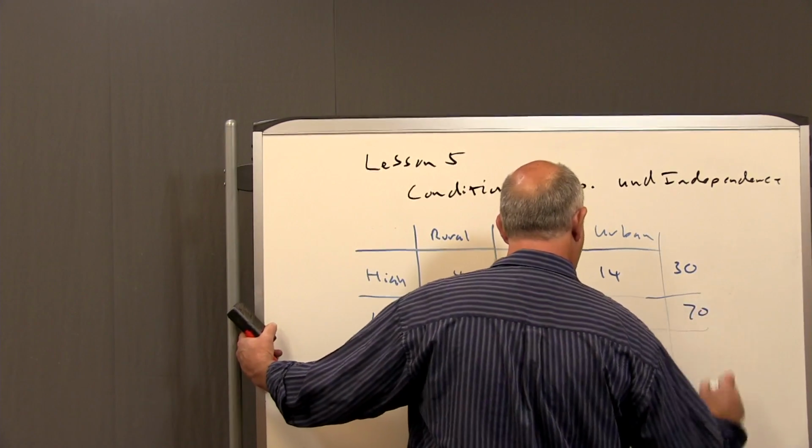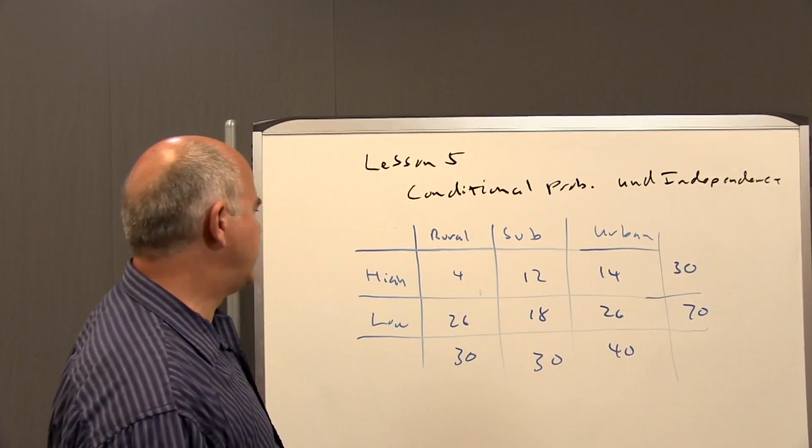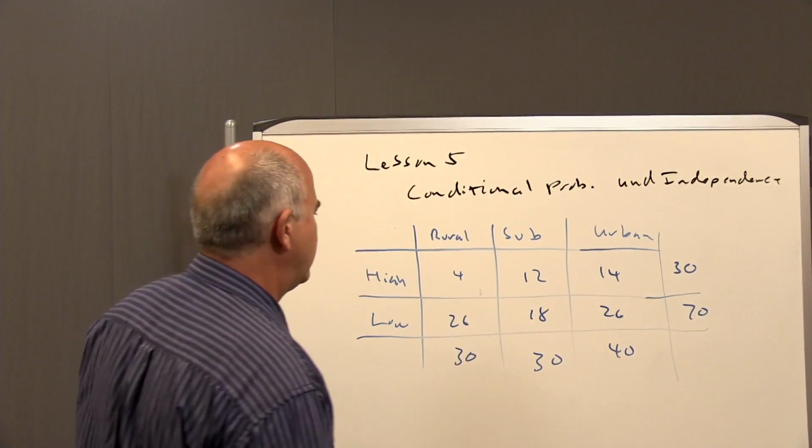And so this should be 70 then, if I did that right. 52 and 18 is 70, for a total of 100.